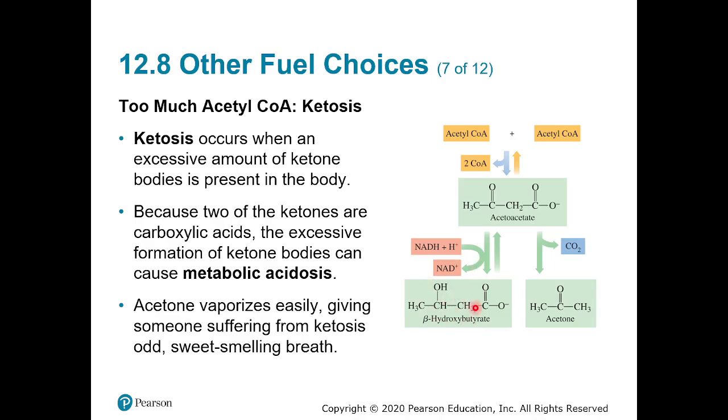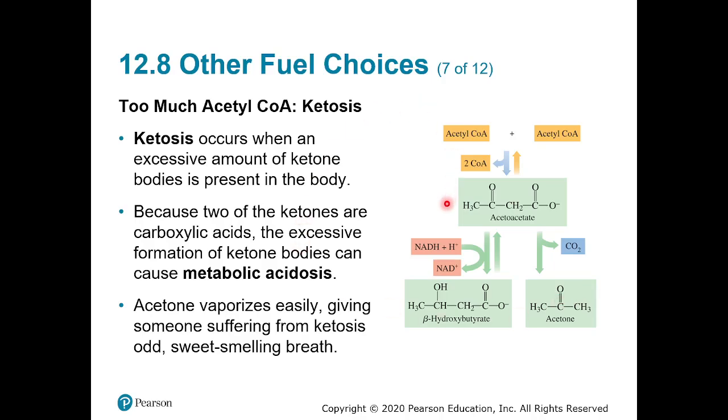But you will then make the beta-hydroxybutyrate, which can go into other pathways. This right here is acetone, so if you decarboxylate this, you'll get acetone. There are some uses for this pathway, but this acetone has the tendency to evaporate fairly easily because it's acetone like fingernail polish acetone.